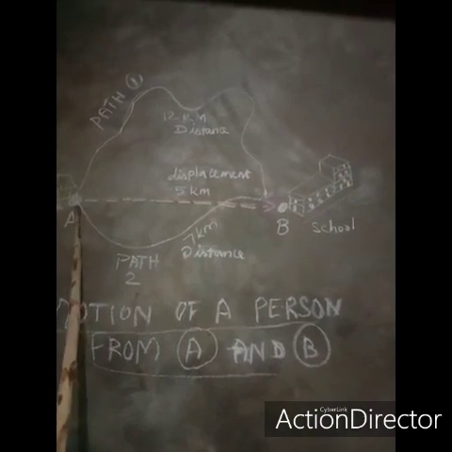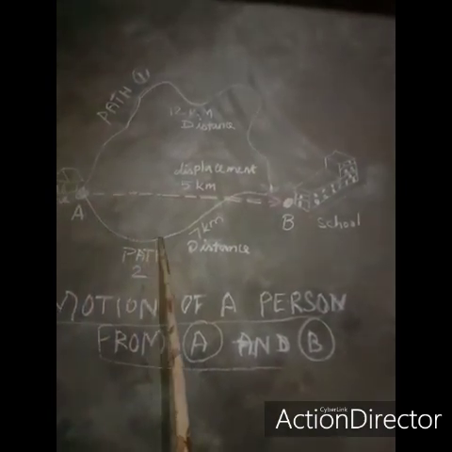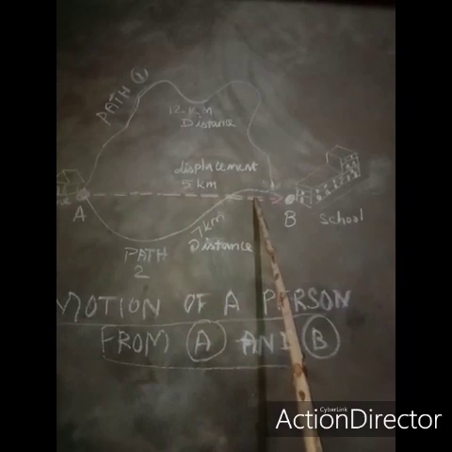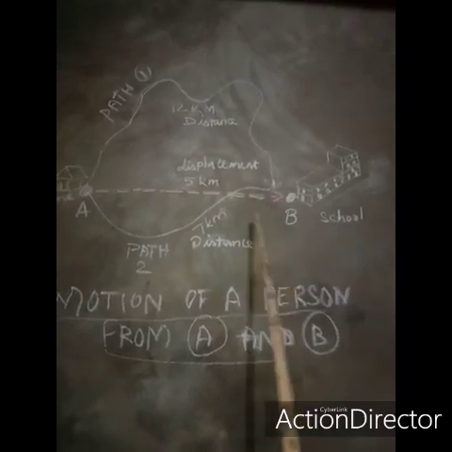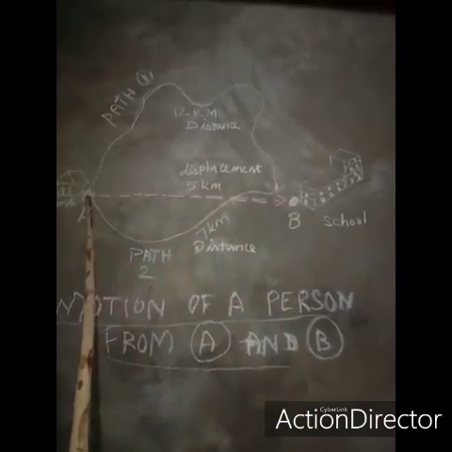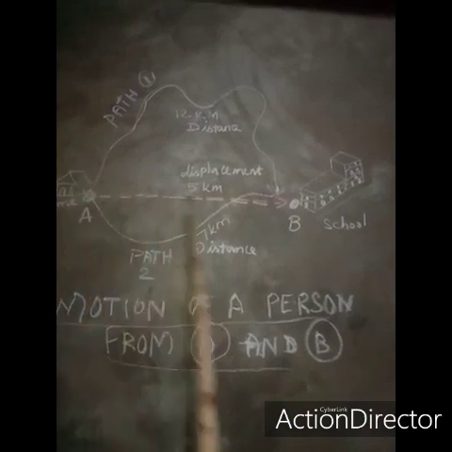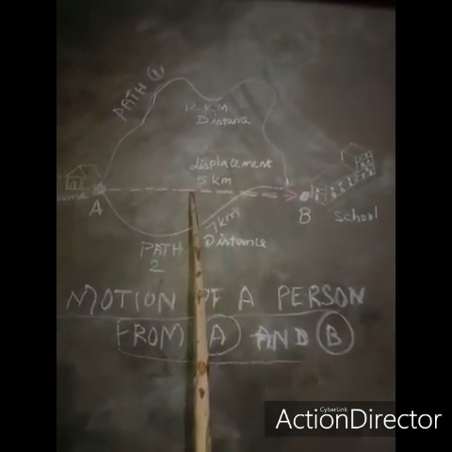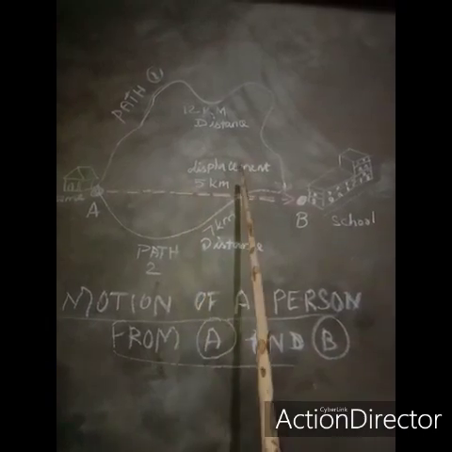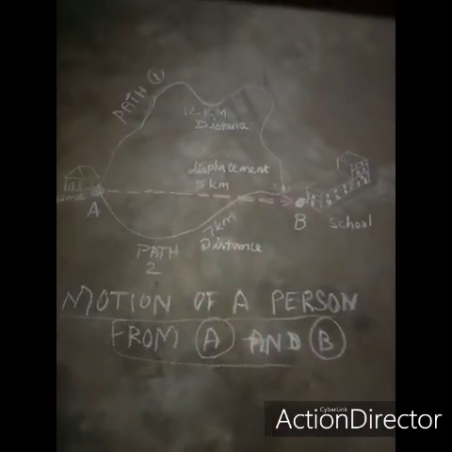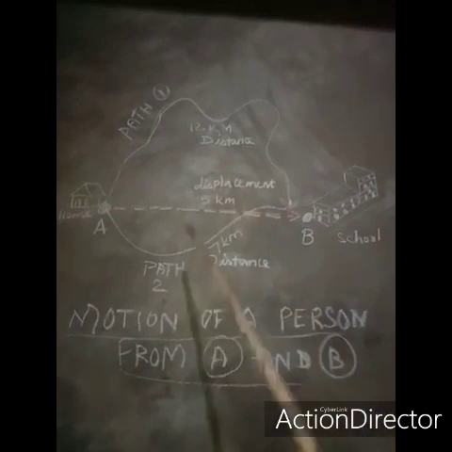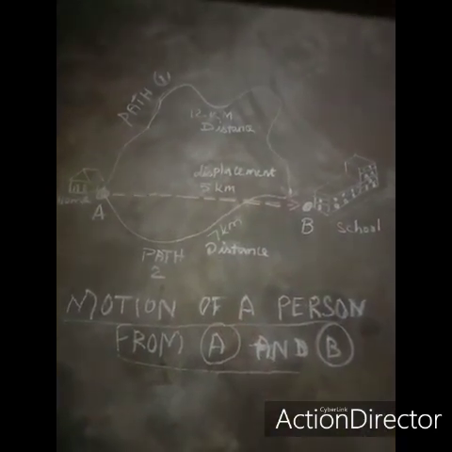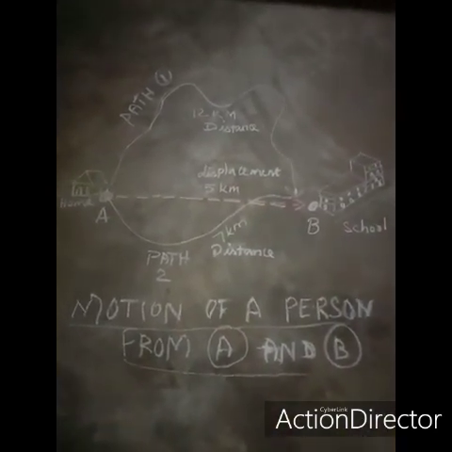When he travels in path 2, the distance covered is 7 kilometers. The straight path between A and B covers 5 kilometers. So the displacement is 5 kilometers. Path 1 and path 2 are distances between A and B.